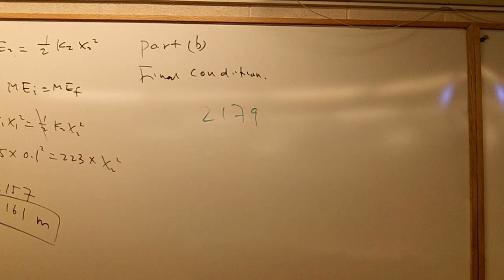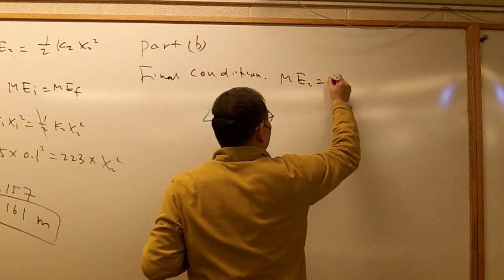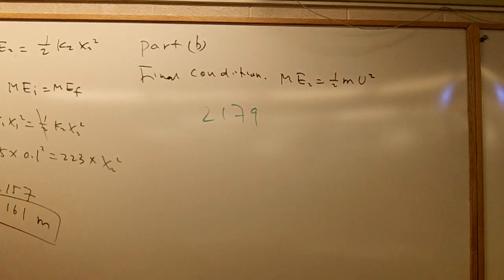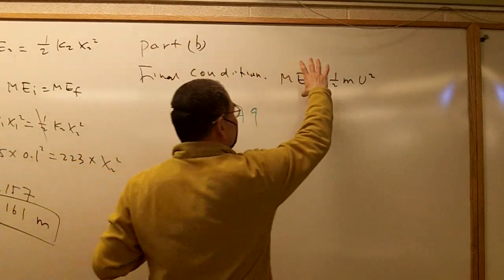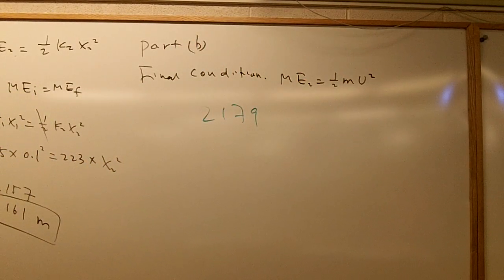Therefore, the mechanical energy, whatever you see here, is going to become 1/2 m v squared. Then you have this term equal to this term, and you have another equation you can solve for Vf.